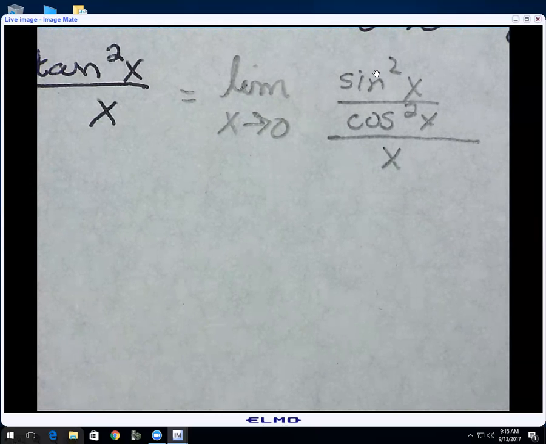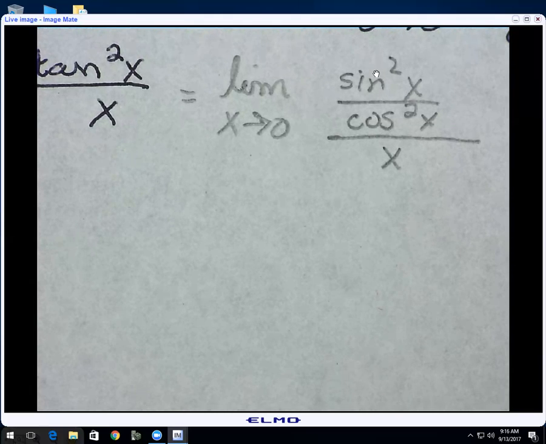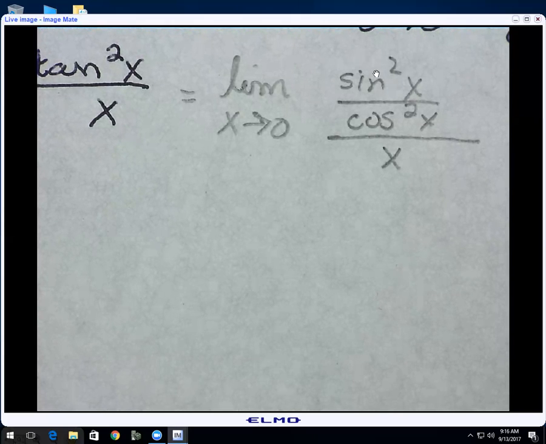Anybody have another idea? Maybe change sine squared into 1 minus cosine squared. I can see why you're thinking that, because number one, it's true. It is a Pythagorean identity. Number two, the second limit theorem has a 1 minus cosine in it.